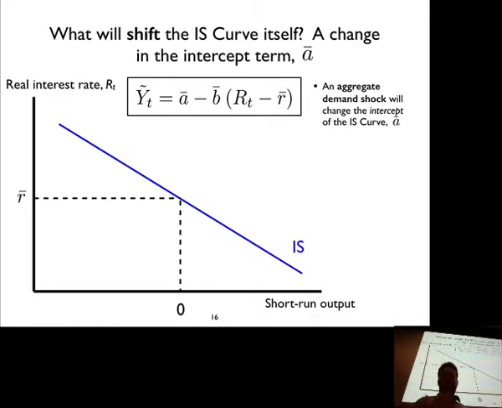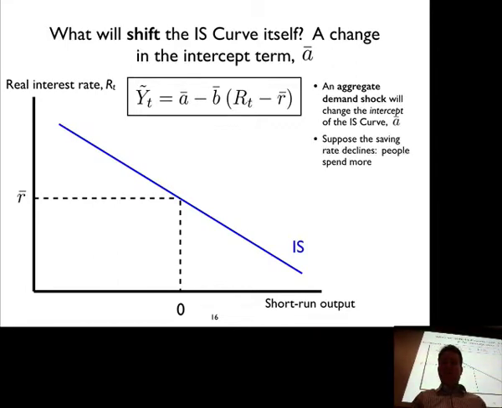Now, again, it's not maybe obvious to me that you need to think of this as a leftward or rightward shift rather than an upward or downward shift, but I think it makes more sense to think about it as leftward or rightward because A bar directly adds to Y tilde or subtracts. So if A bar gets bigger, it means that for every real interest rate, there's now more Y tilde, so the whole thing shifts out to the right.